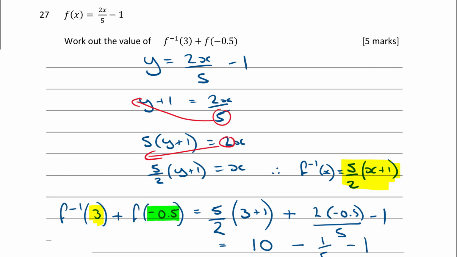And then I've got minus 1 on the end. Okay, so what's that then? 10 minus 1 is 9. 9 minus a fifth is 8 4/5, or 8.8 if you'd rather. And I think that with that we're done. Yeah, end of questions. Hurrah.